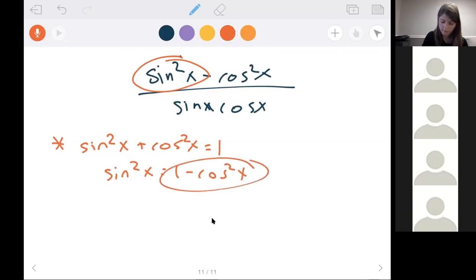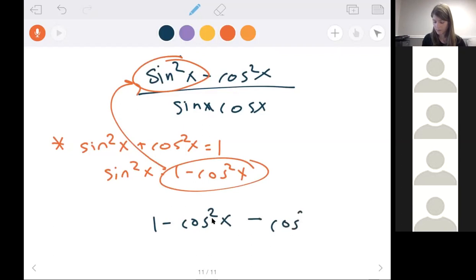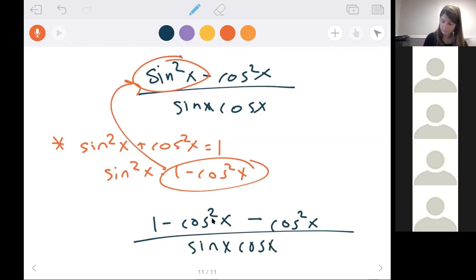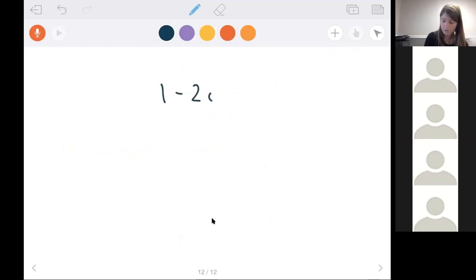Okay, so we're going to replace all of that. So 1 minus cosine squared x, and then we still have minus cosine squared x over sine x cosine x. So cleaning that up, we can see we're going to have 1 minus 2 cosine squared x over sine x cosine x.